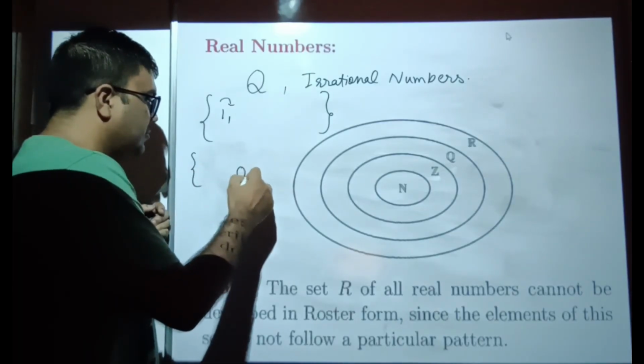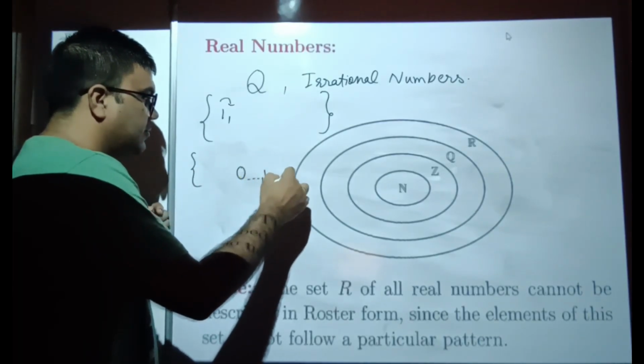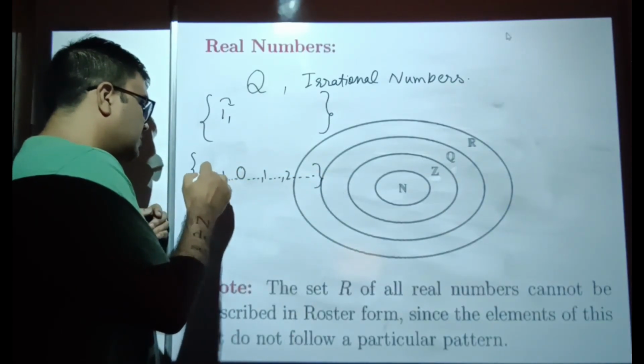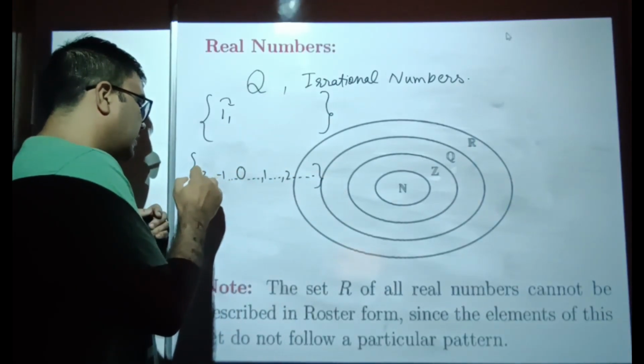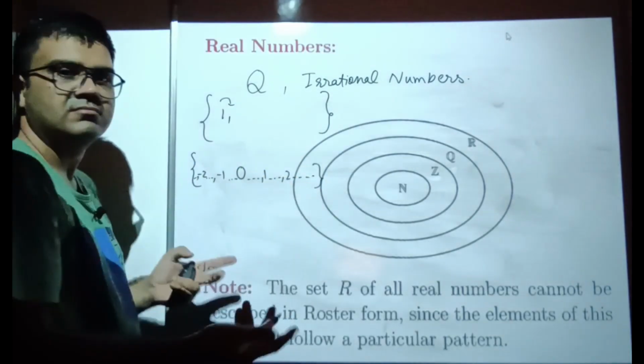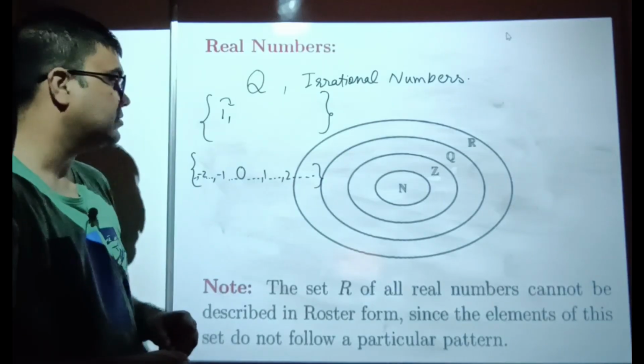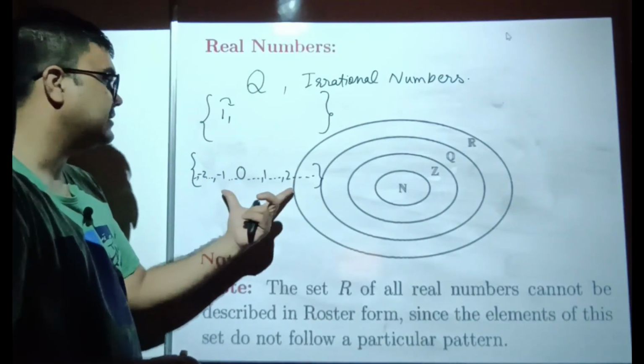Suppose I am saying 0, so on up to 1, so on up to 2, so on up to -1, so on up to -2, and so on. But there is no representation of this kind, and it is not interesting to write things this way.